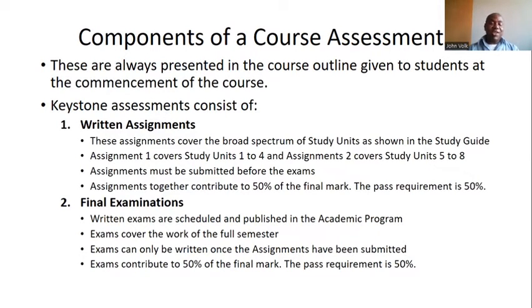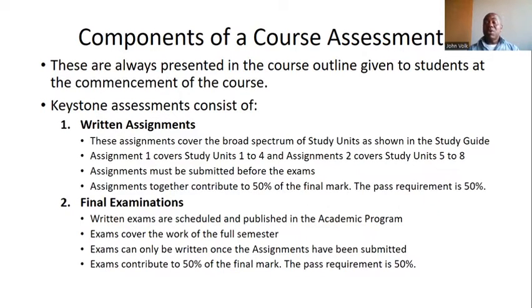Now, what is contained in the final examinations? The final examinations usually cover all the work in the semester. Remember the work that is given in the study units, study unit 1 up to study unit 8. So all that material is covered in the final examinations.